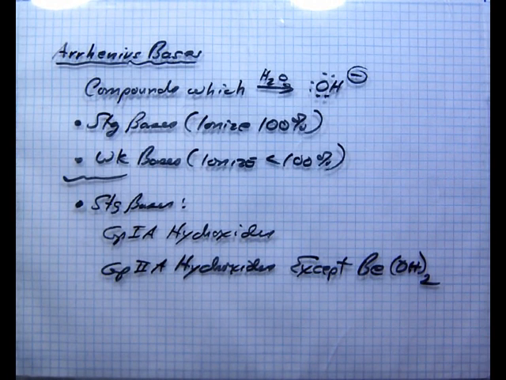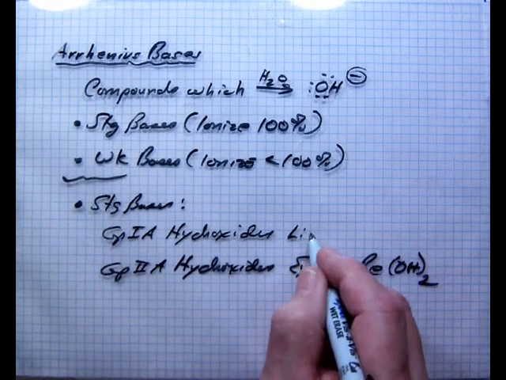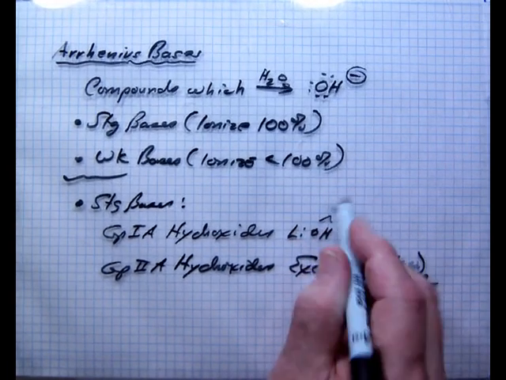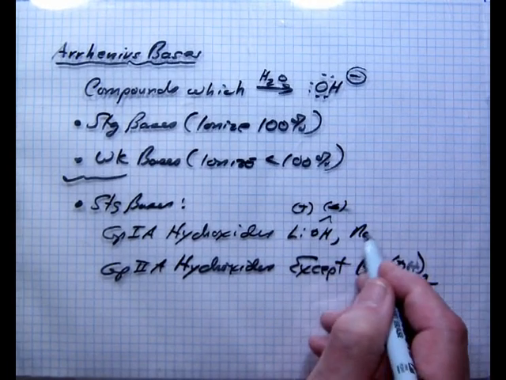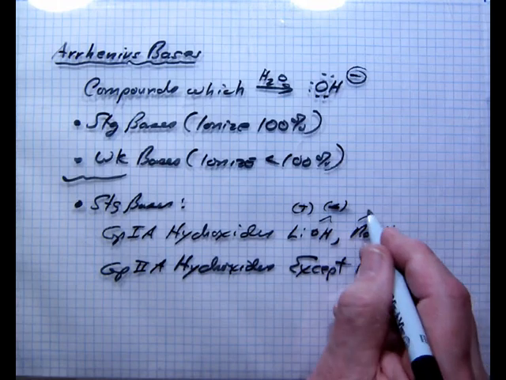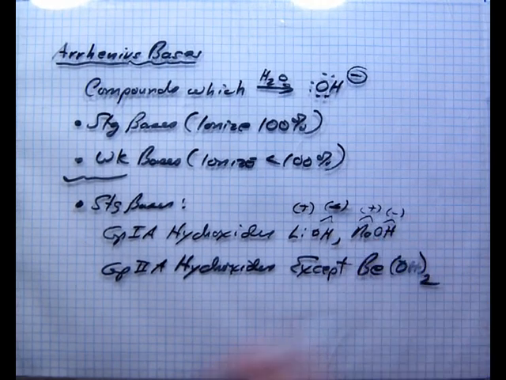So if we looked at the collection of group 1, you have lithium, sodium, potassium, rubidium, and cesium. So we'd have lithium hydroxide, where the hydroxide minus 1 hooks up with a plus 1, or sodium hydroxide, also a 1-to-1, and so forth.